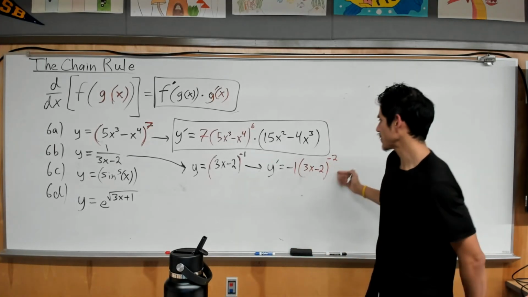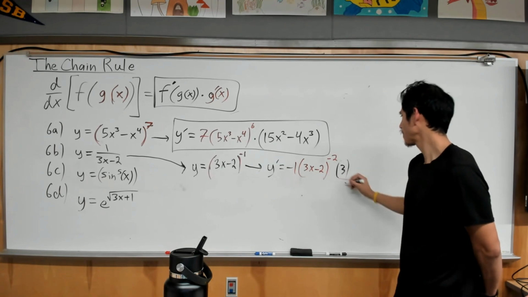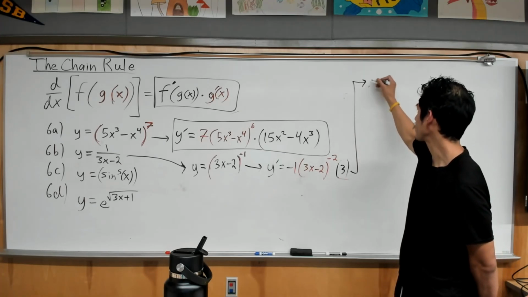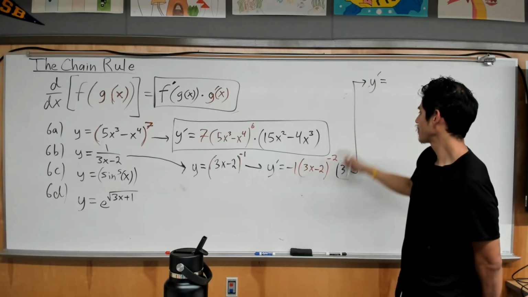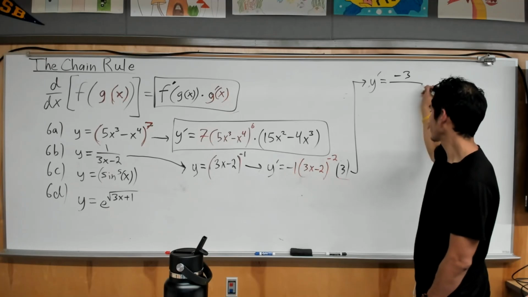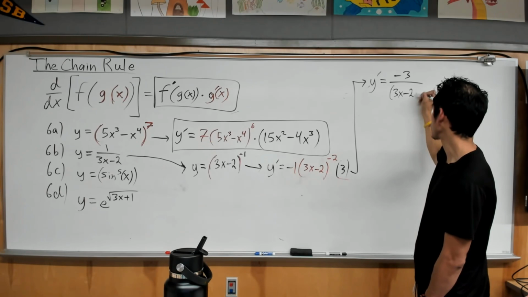And then you multiply this by the derivative of 3x minus 2, which is 3. And rewriting this, bringing this to the bottom, you'll get y prime equals negative 3 over 3x minus 2 squared.